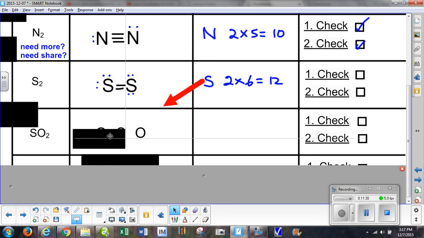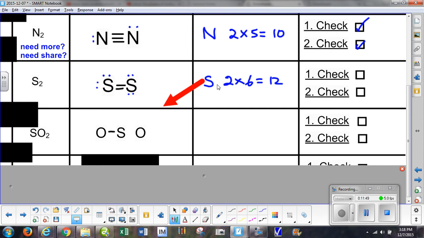So if we put sulfur in the middle instead of one of the oxygens, our molecule layout is going to look like this. The next thing we need to do is put bonds in. And so I'm going to write those in. I'm not going to be too fancy like I was earlier. And I'm going to give everybody one bond between each 2 atoms.